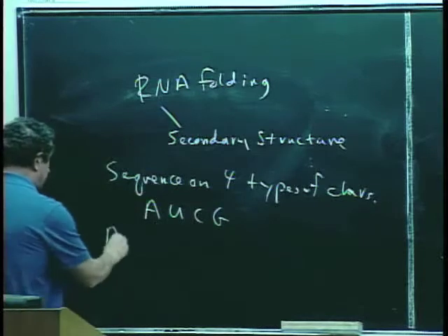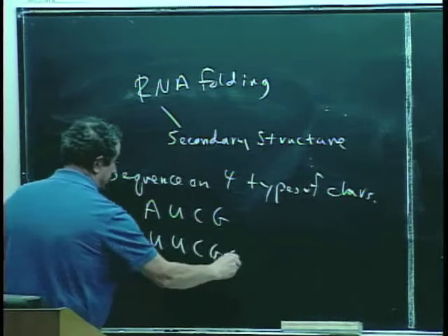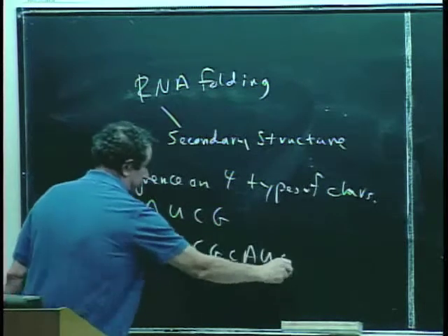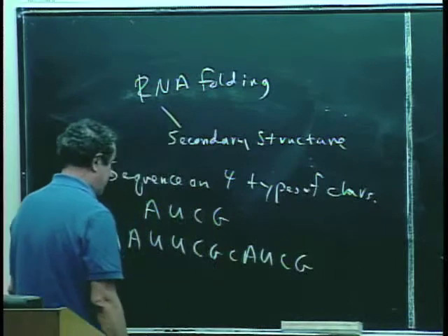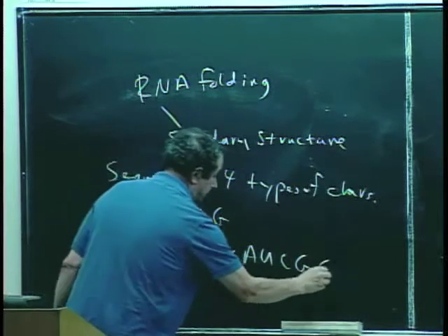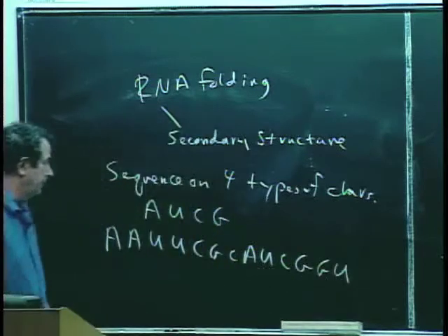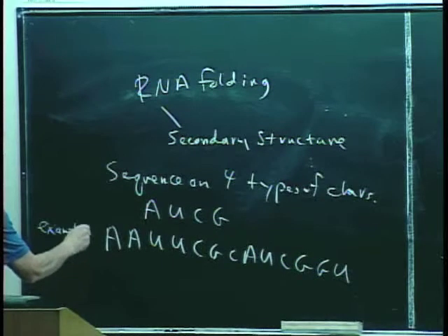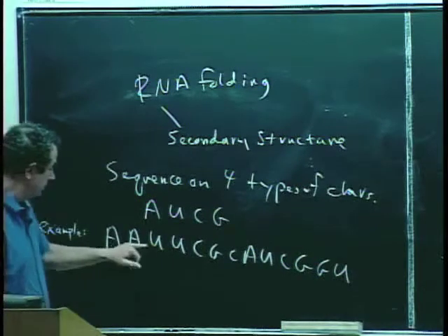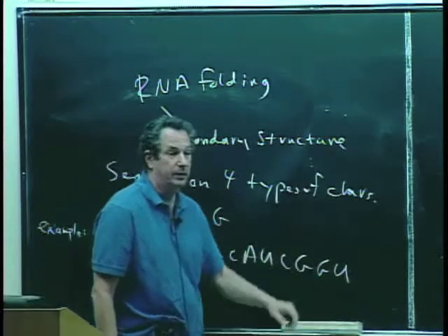So A, U, U, C, G, C, A, U, C, G, A, U, C, G. Yeah, whatever. A, U, okay. So this is an example of an RNA sequence. This one will be very short. 1, 2, 3, 4, 5, 6, 7, 8, 9, 10, 11, 12, 13.